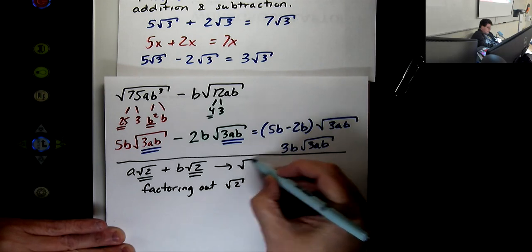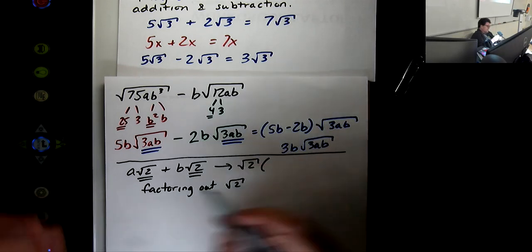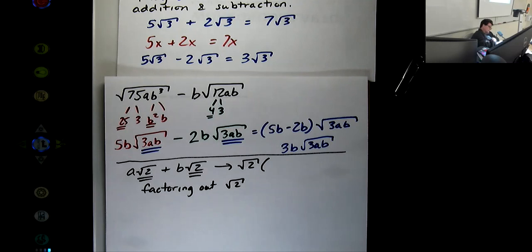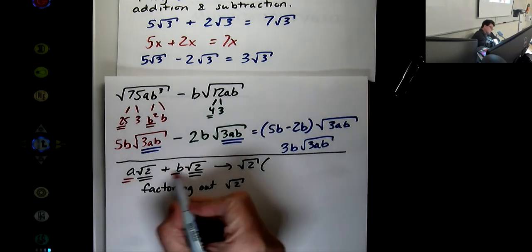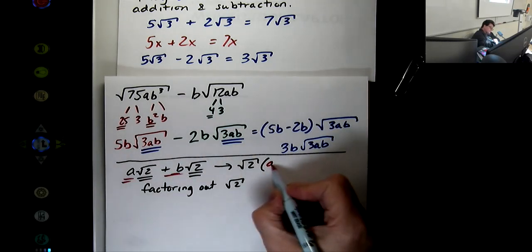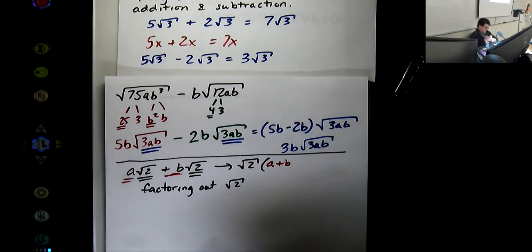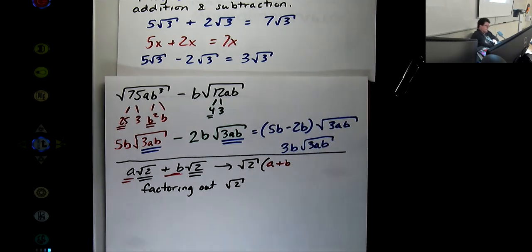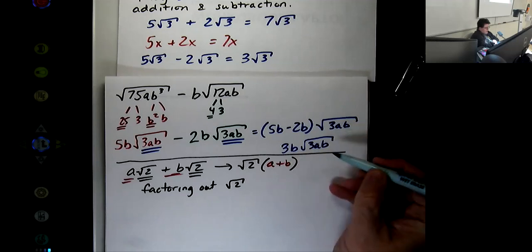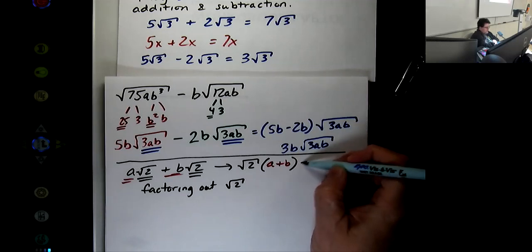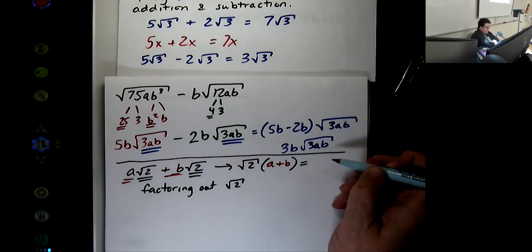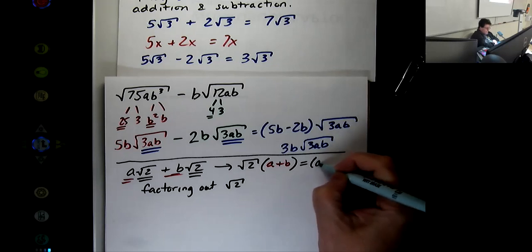And I get a square root of 2 times whatever's left over. And with radicals, it's just convention to put whatever's multiplying a radical in front.